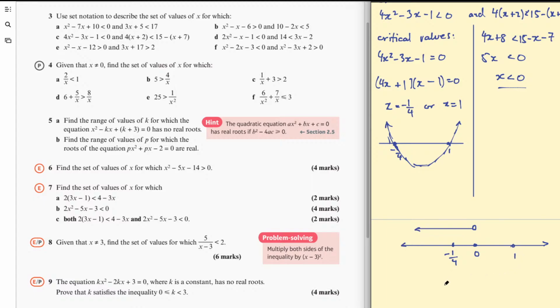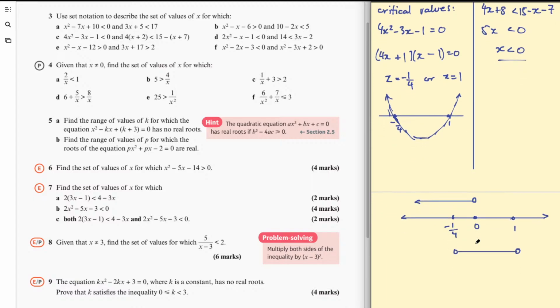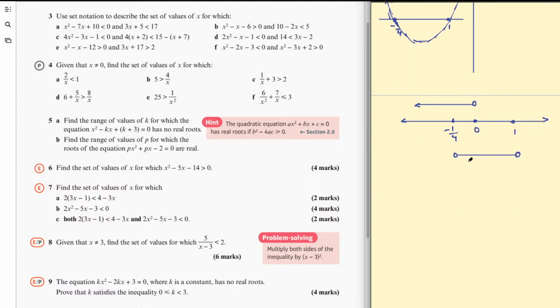It's just to help you with your solution. This one was between -1/4 and 1, and your solution set needs to satisfy both of these. So my solution set here will be between -1/4 and 0 in this section here.